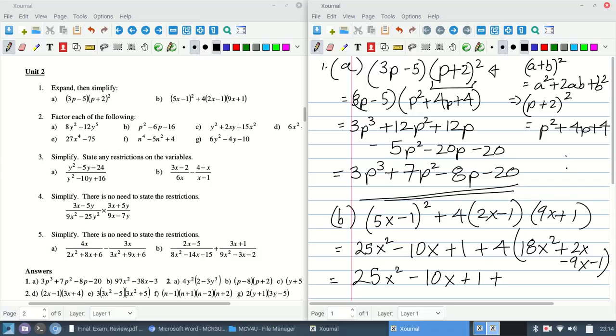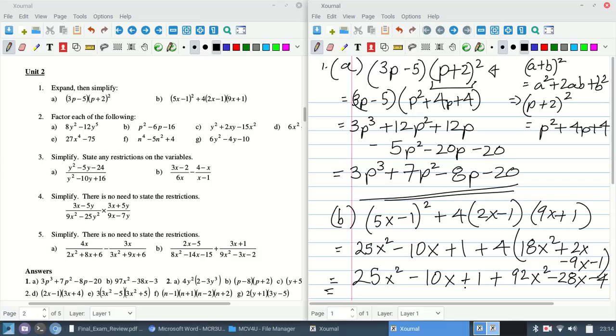Let's see. Well, sorry, 4 times 18. So 4 times 20 is 80, right? So I just subtract 8 from that. So it is 72. So I get 72x squared. In here, I've got positive 2x minus 9x. That's negative 7x. Negative 7 times 4 is 28, so negative 28x, okay, minus 4, all right?